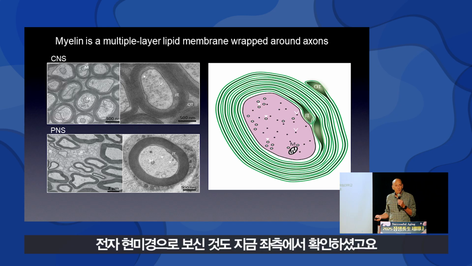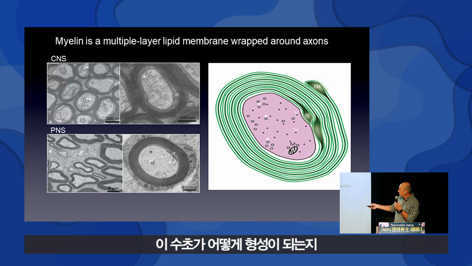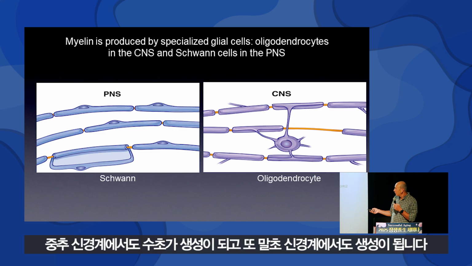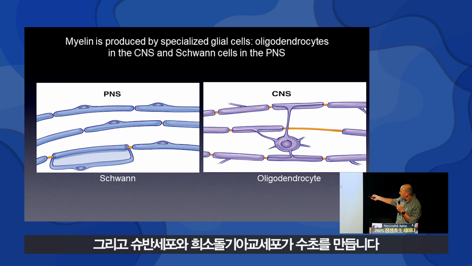And if you look at electron microscopy, this is a real nerve. This would be the axon, and this would be the myelin. It is produced by, so this is the peripheral nerve system, and this would be the central nerve system. And myelin is made by two different cells, Schwann cells in the peripheral, and oligodendrocytes in the central nerve system.